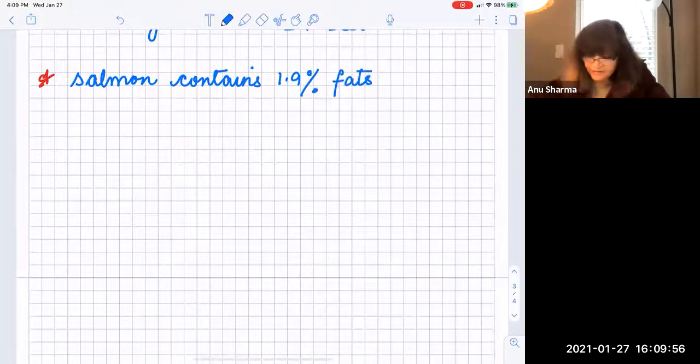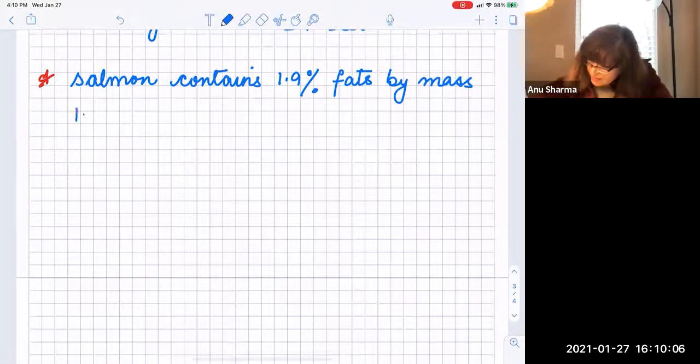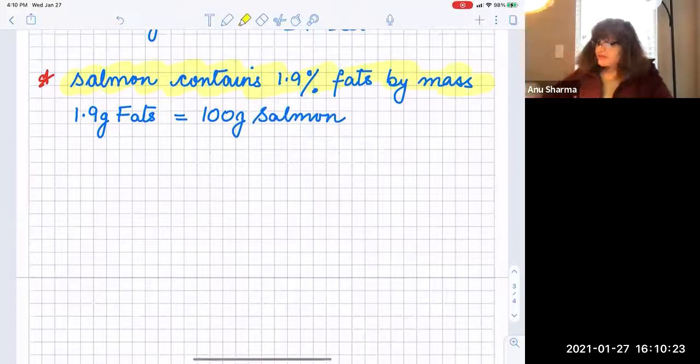I'm just going to put it as fats by mass. So what does this mean? This means that 1.9 grams fats are present in 100 grams of salmon. This is what it means. So you see, the whole sentence has been presented in a very simple equality.